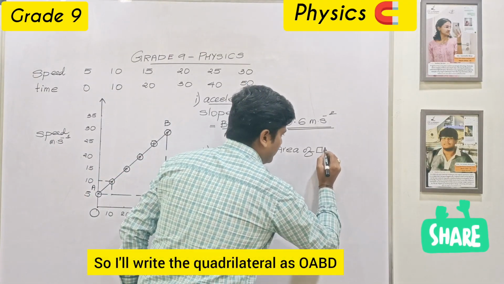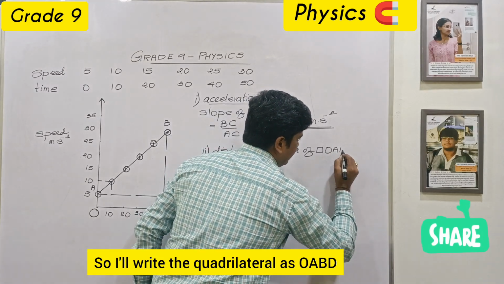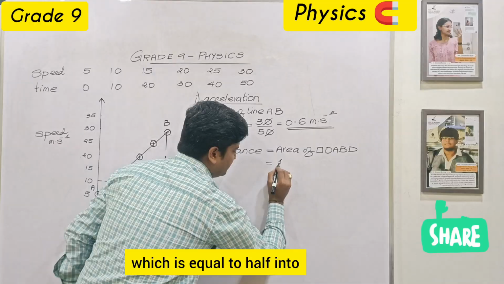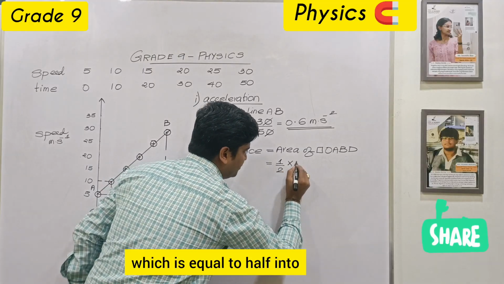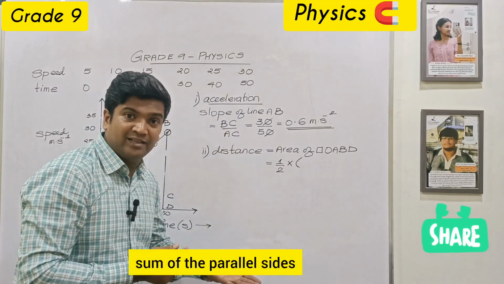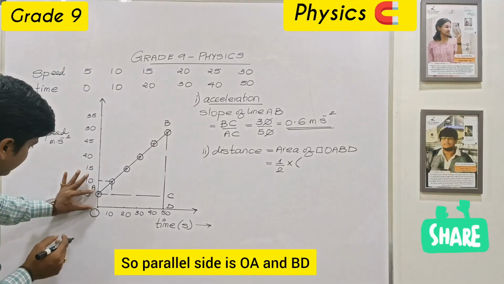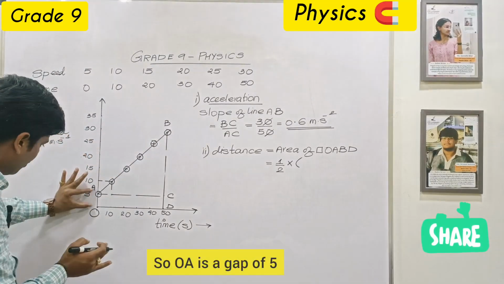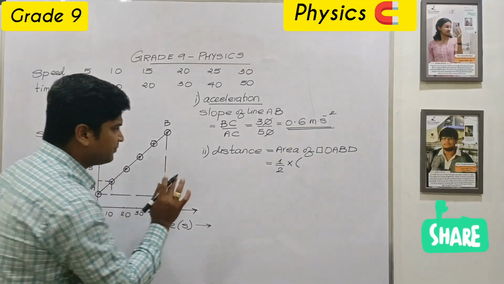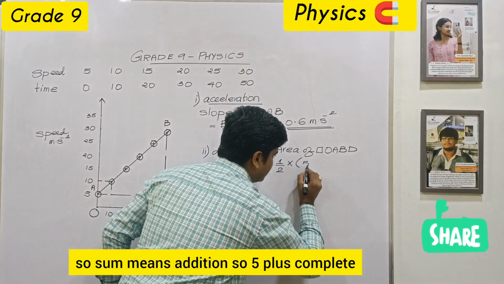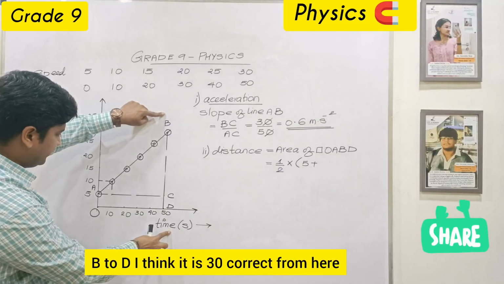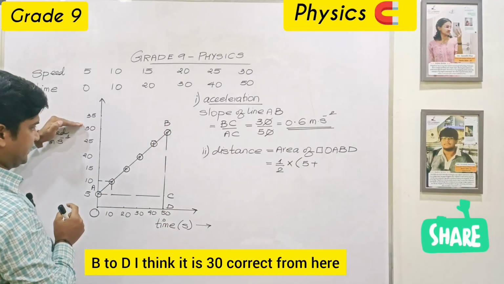So the area of quadrilateral OABD is half into the sum of the parallel sides. The parallel sides are OA and BD. OA is 5, so 5 plus BD, which I think is 30.